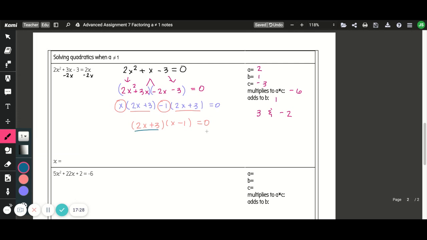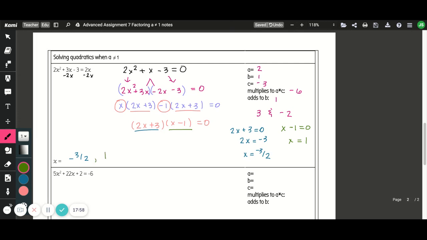So I'm going to take this 2x plus 3 and set it equal to 0 so that I can solve for x. So that's one of the zeros. And then I'm going to do the same with the other one. X minus 1, set it equal to 0, and solve that one for x. So I get positive 1.